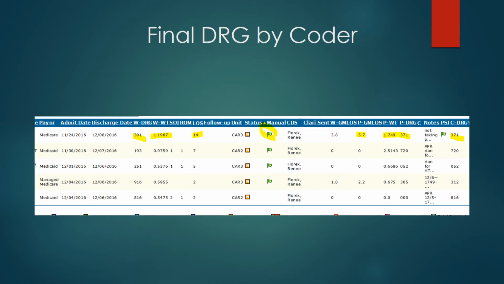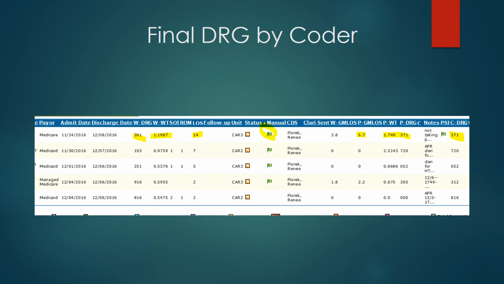Looks like the coder came up with the same DRG. So that's good. That lets us know that whatever I, as the nurse CDS, found in this record, the coder saw the same, and it looks like we did have an impact on this chart because of the question we asked. What it shows here is that it did increase the weight and the DRG changed.